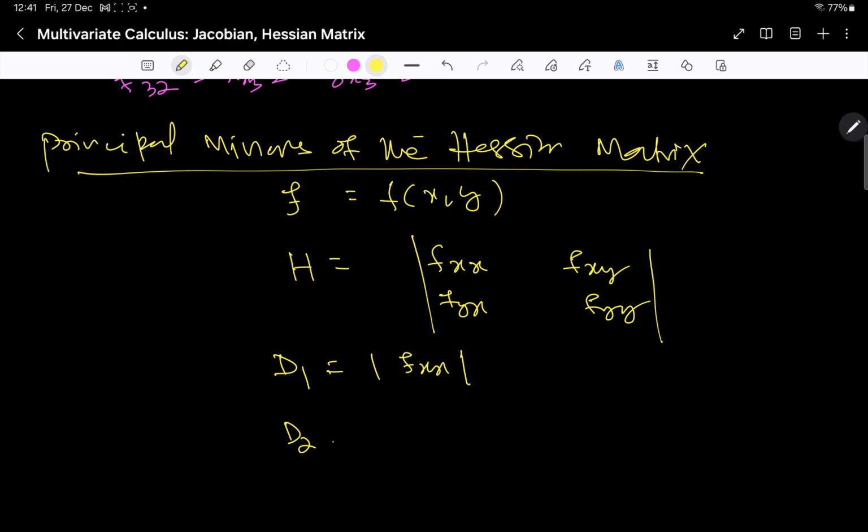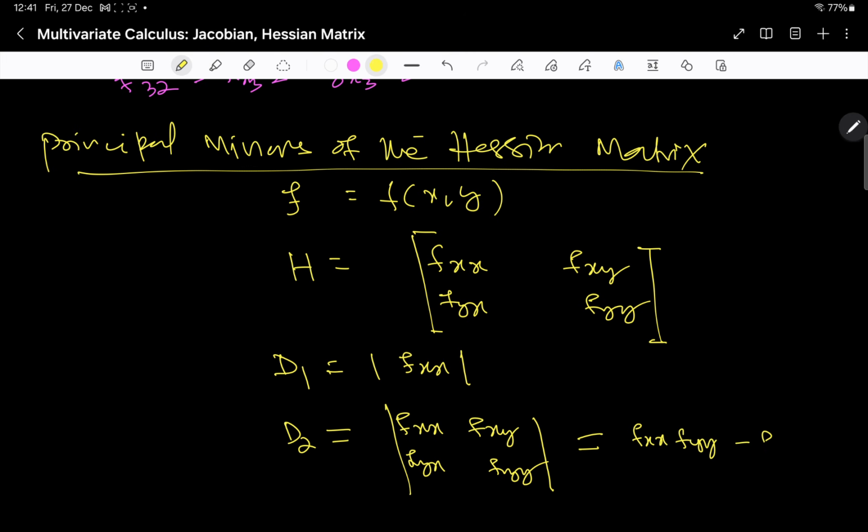And D2 will be the determinant of H itself, the determinant of fxx, fxy, fyx, fyy. This is fxx fyy minus fxy into fyx.